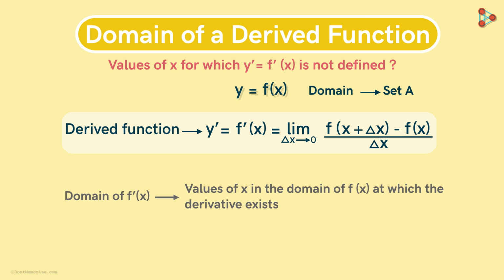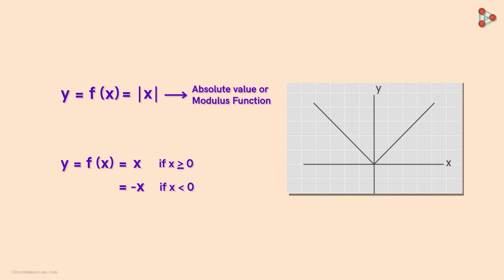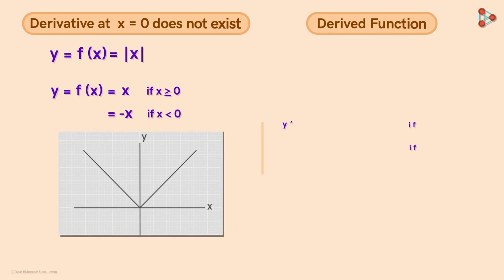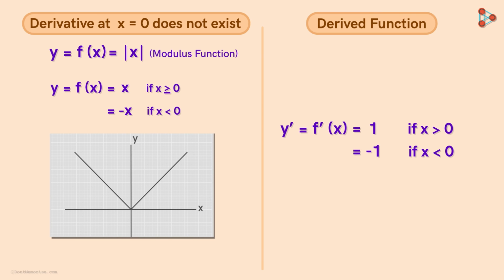Let's take an example to understand this. Consider this function we saw previously. We've seen that for this function, even though the function is defined at x equal to 0, the derivative at x equal to 0 does not exist. Finding the derivative at other values of x is simple. For x greater than 0, we will get the derivative to be constant at a value of 1.